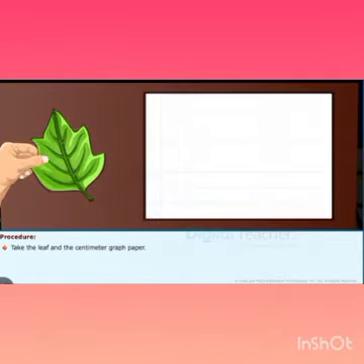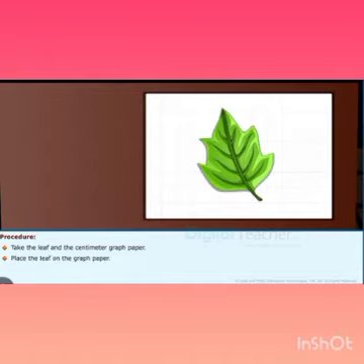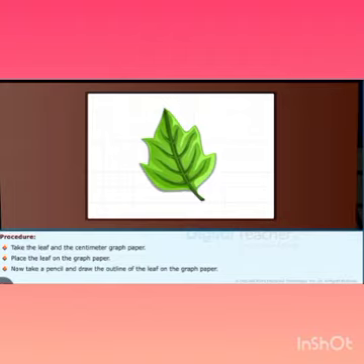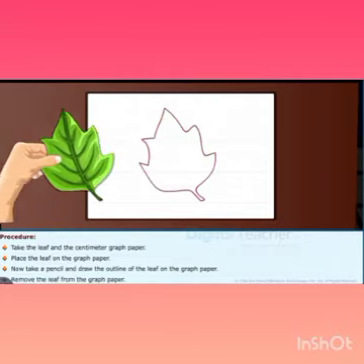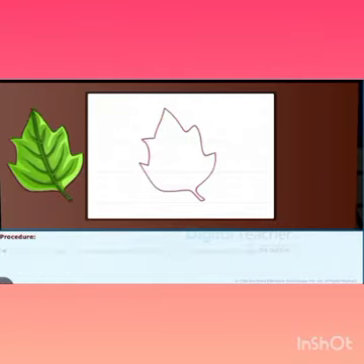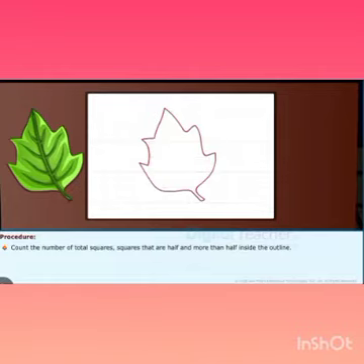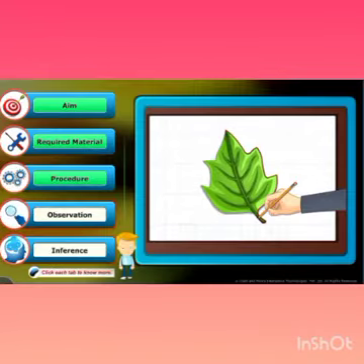Now procedure. Take the leaf and the centimeter graph paper. Place the leaf on the graph paper. Now take a pencil and draw the outline of the leaf on the graph paper. Now remove the leaf from the graph paper. Now count the total squares, squares that are half and more than half inside the outline.